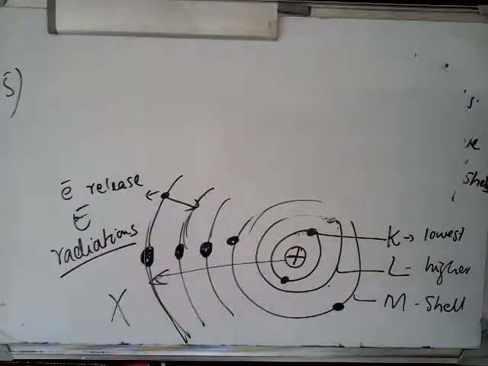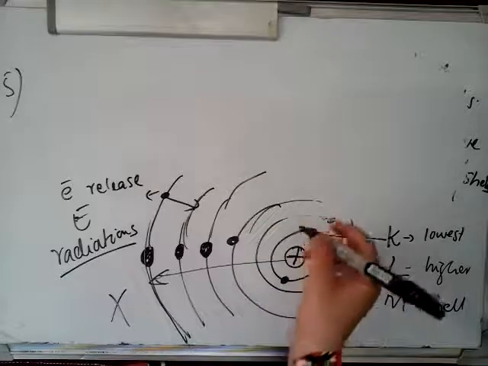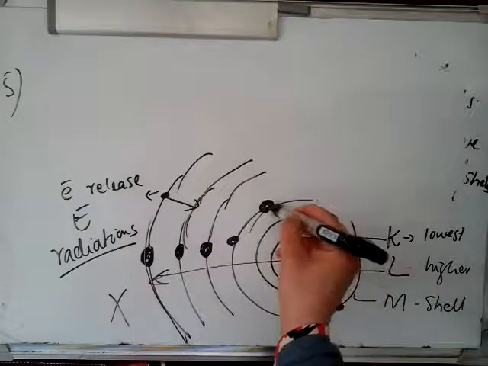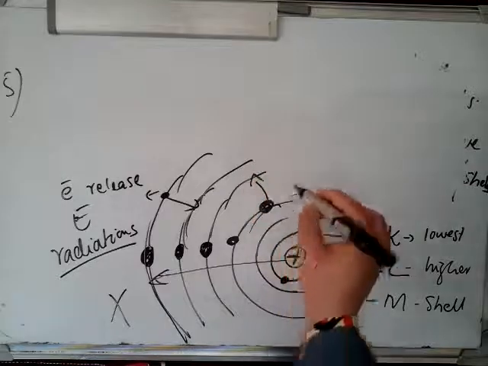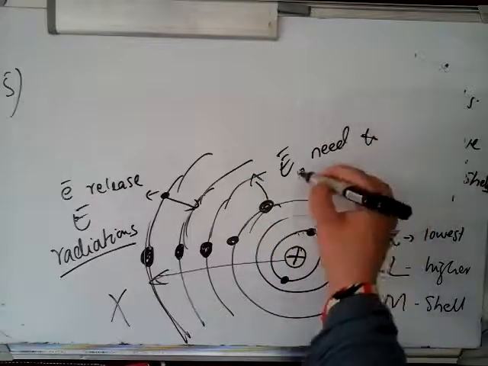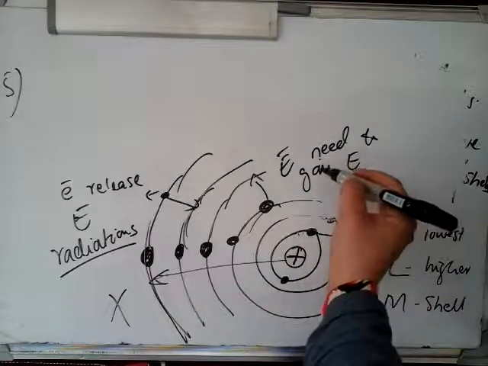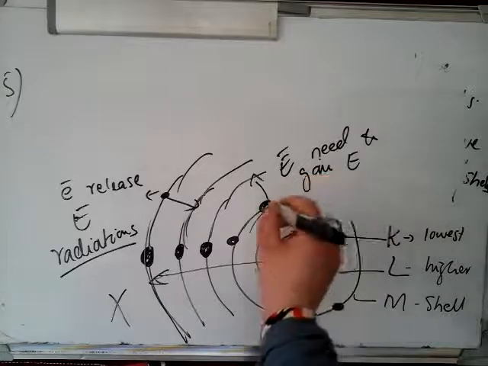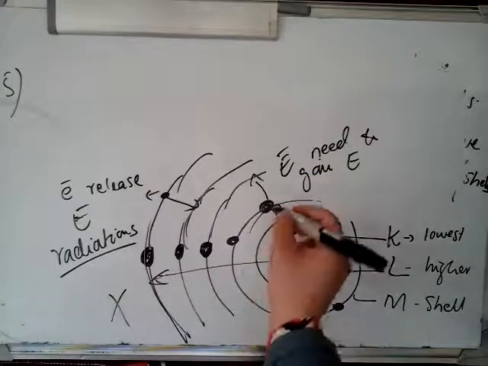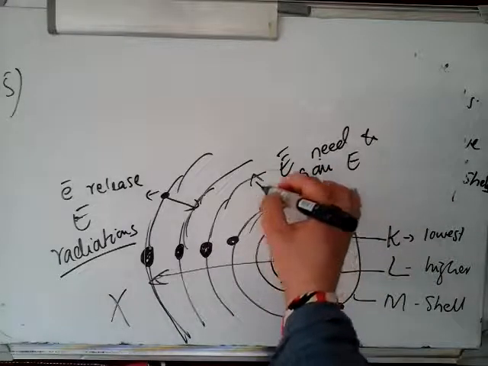Is that clear? In the same way, if electrons want to move from a lower energy level to a higher energy level, electrons need to gain energy, and when electrons gain energy, they get excited, and after excitement they move towards a higher energy level. Is that clear?